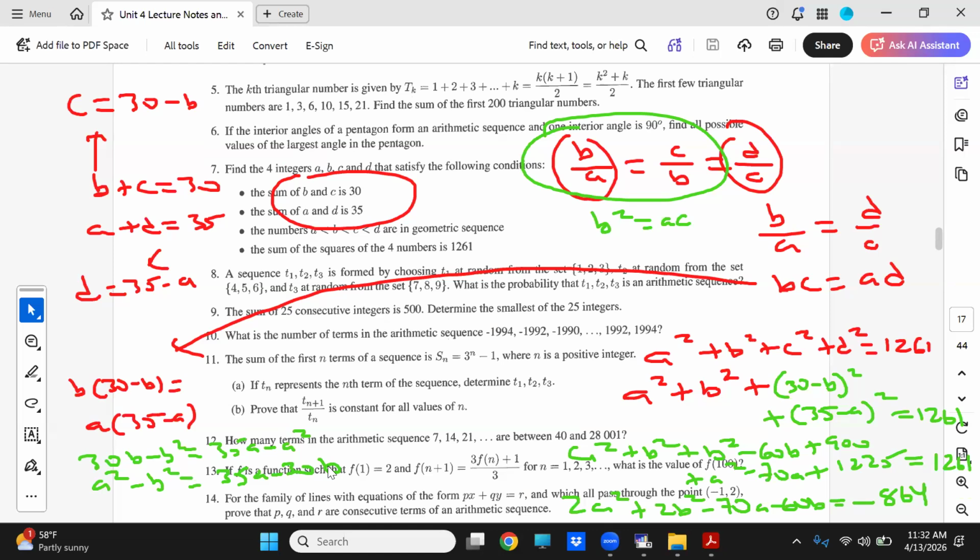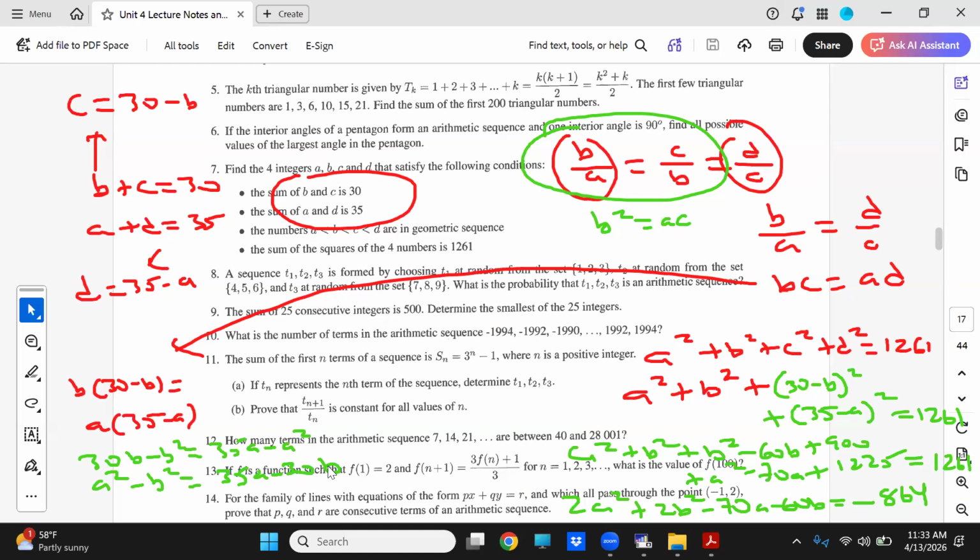Multiply the other one by 2 and bring it down here: 2A squared minus 2B squared minus 70A plus 60B equals 0.